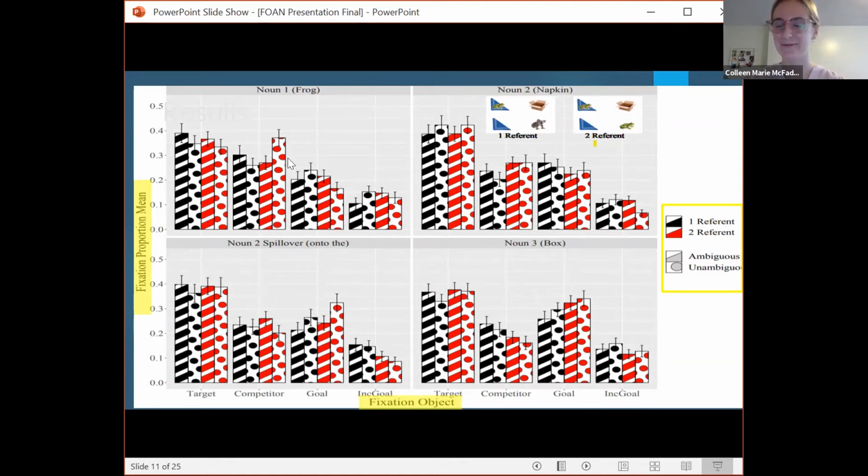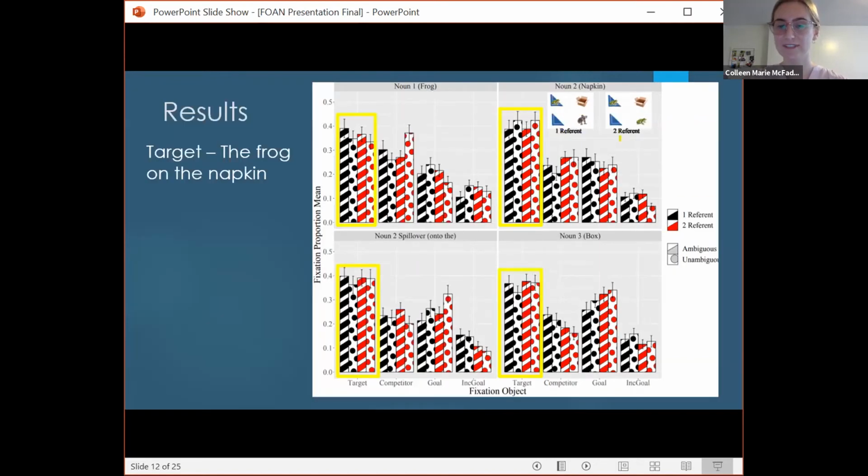So again, in noun 1, it was put the frog on the napkin. This is that area of interest that emerged right after the on the napkin phrase. And then the 3rd noun phrase is on the box. And then looking more specifically at the fixation objects, the target was the frog on the napkin in our example.